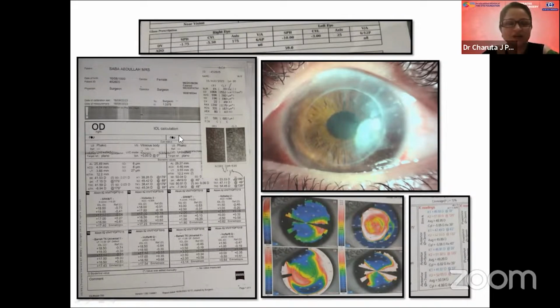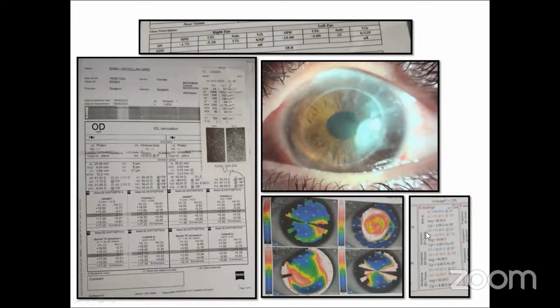And we went ahead and did the IOL Master, which is showing a difference in the keratometry values from the topography scan. And we also did the specular to complete the evaluation preoperatively.